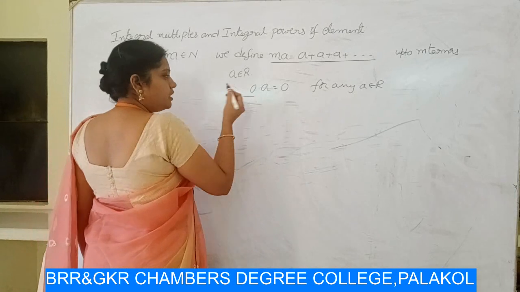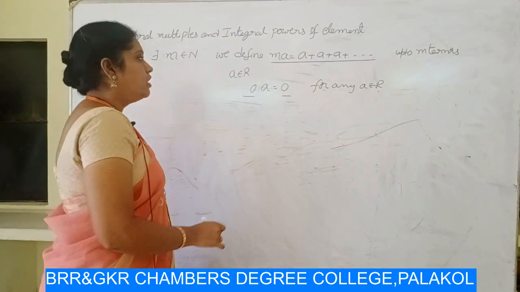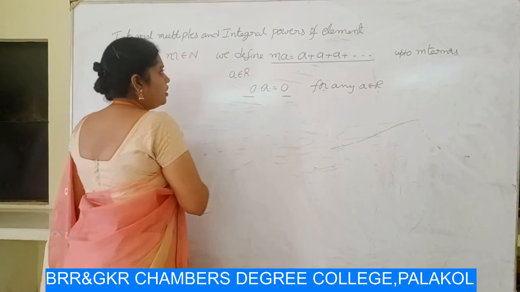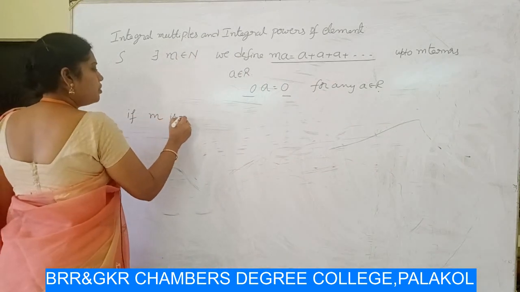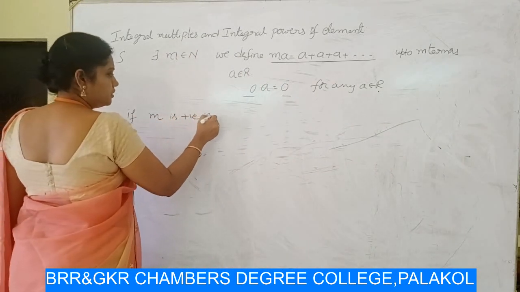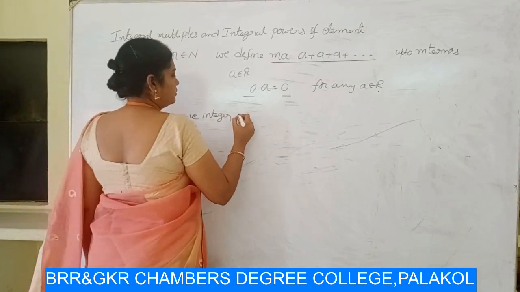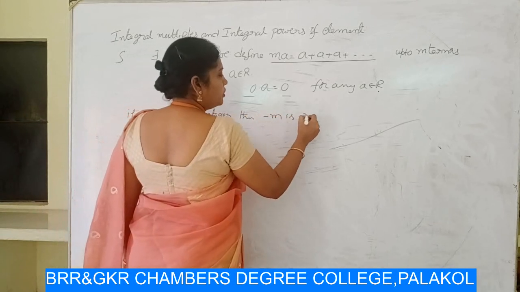This is an integer, this is the zero element of the ring R. So 0 into a is 0. If m is a positive integer, then minus m is a negative integer.